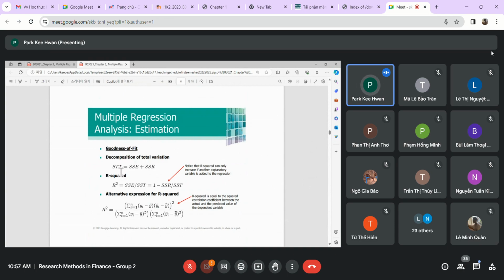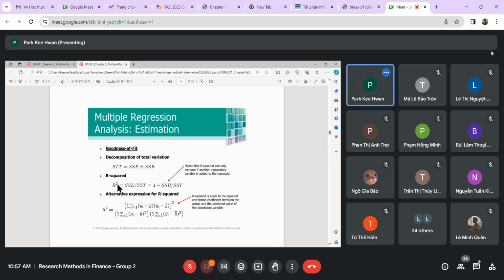We can decompose the total variation, SST, into the explained variation, which we call SSE, the variation in y explained by your regression, and SSR, the variation in y unexplained by the regression, which is actually the variation in the residual.